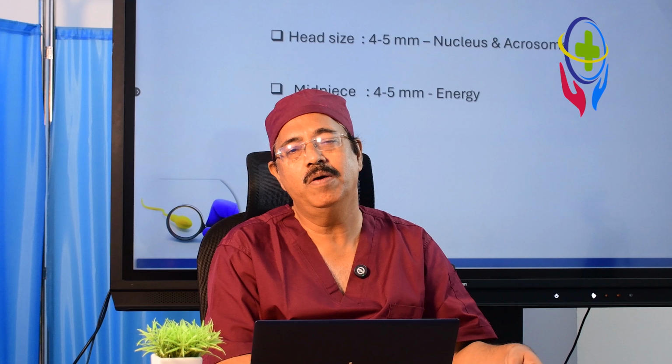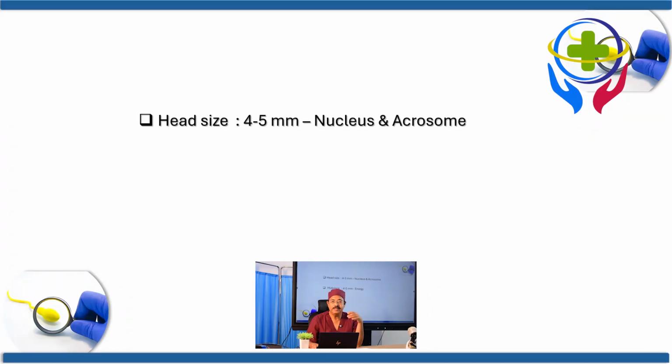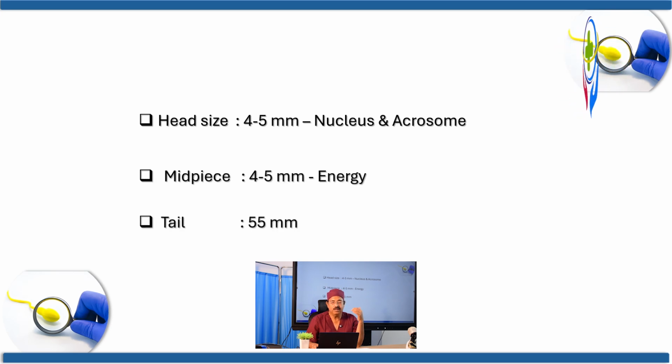Generally, the sperm head is around 4 to 5 µm. Next is the midpiece, which is the metabolic center of the sperm and produces energy for the sperm.